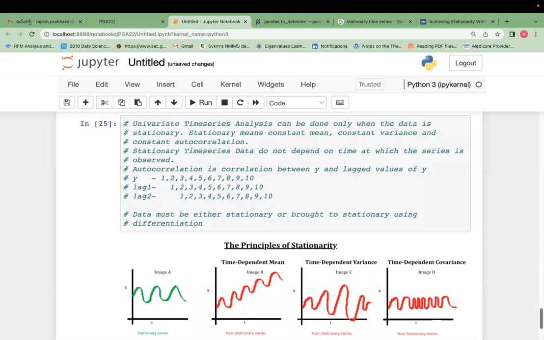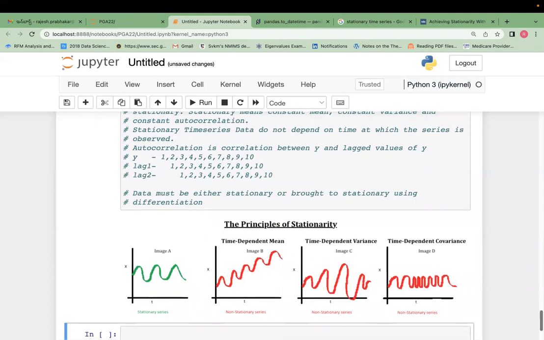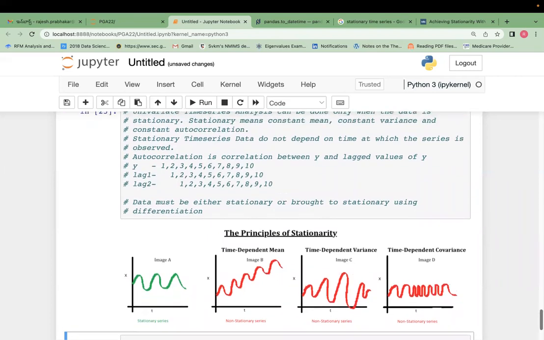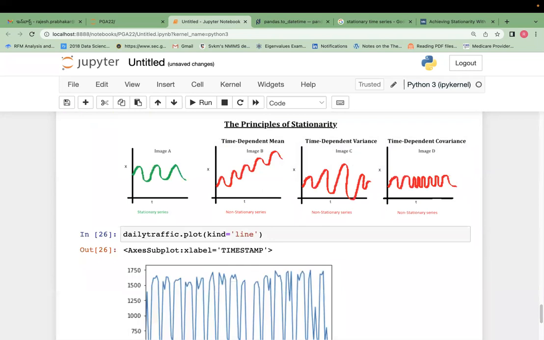All right, can I move forward? So we will use daily traffic dot plot kind is equal to line.